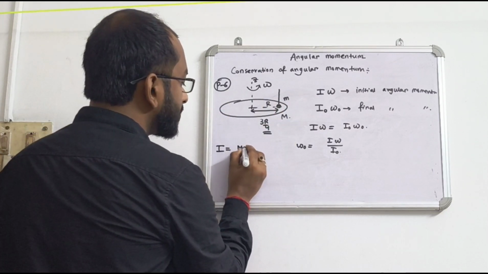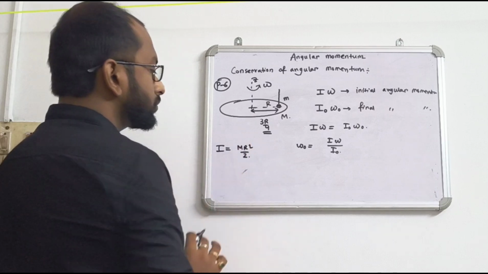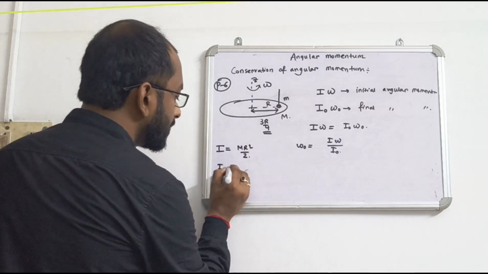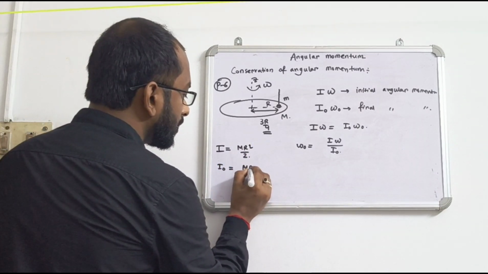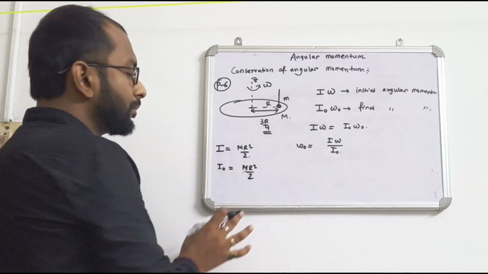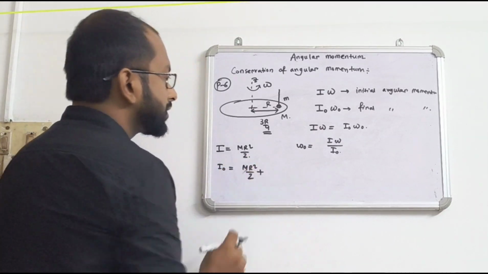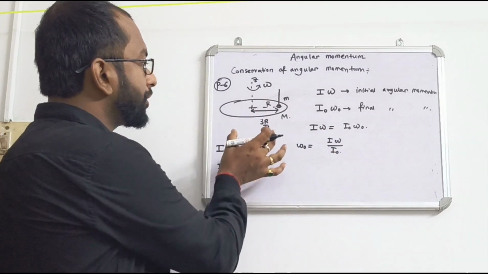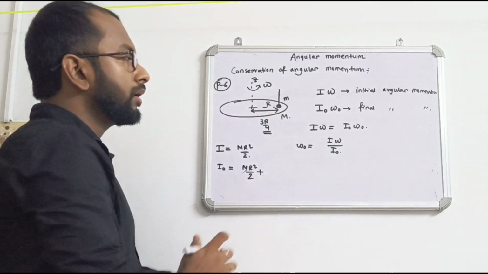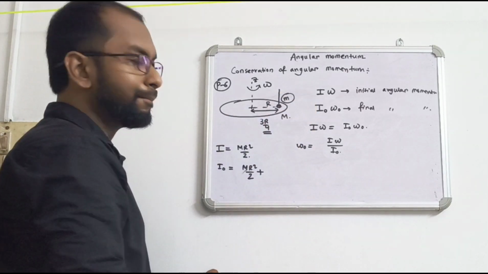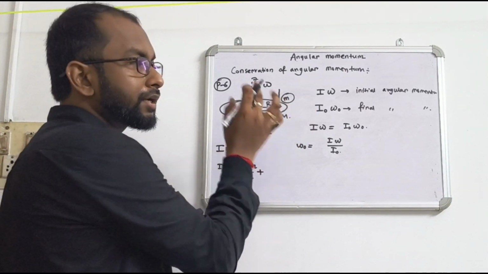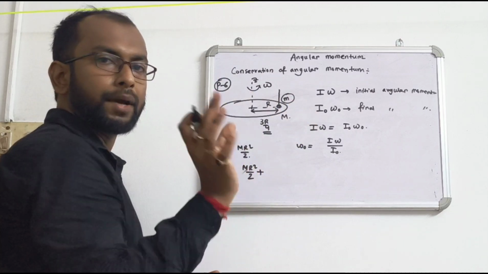So the moment of inertia was M into r square by 2. Now the new moment of inertia is, the disk is there, M r square by 2 will be there, plus another moment of inertia that is contributed by the insect of mass m. See, the insect we can consider as a particle mass.